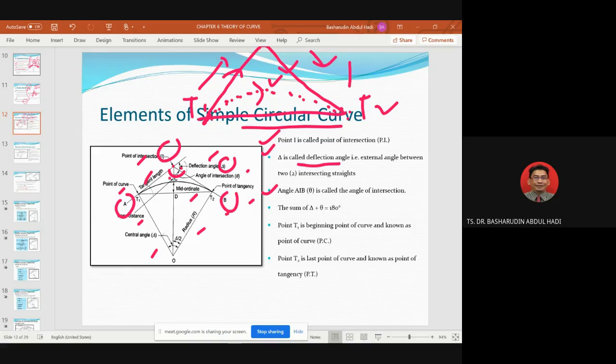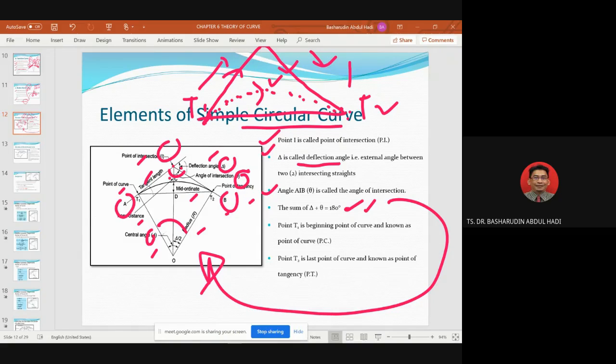The sum of your theta and your central angle, this angle plus your angle theta or angle of intersection, should be 180 degrees. This is mathematically proven based on geometrical design, where the central angle plus the angle of intersection is 180 degrees because this is a simple circular curve. Normally they found this formula after they did it graphically like this. They draw like this, graphically.